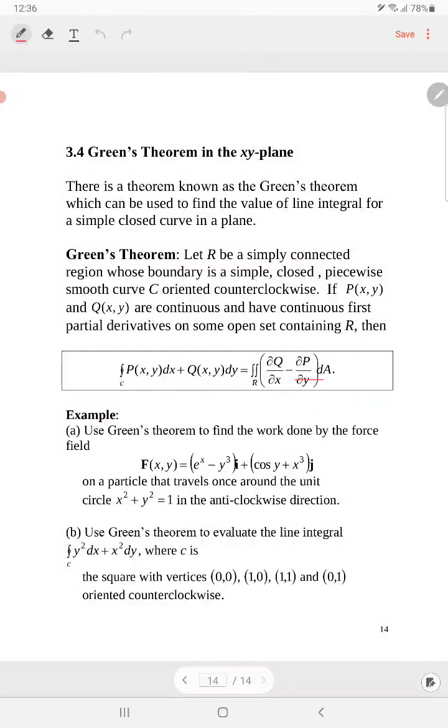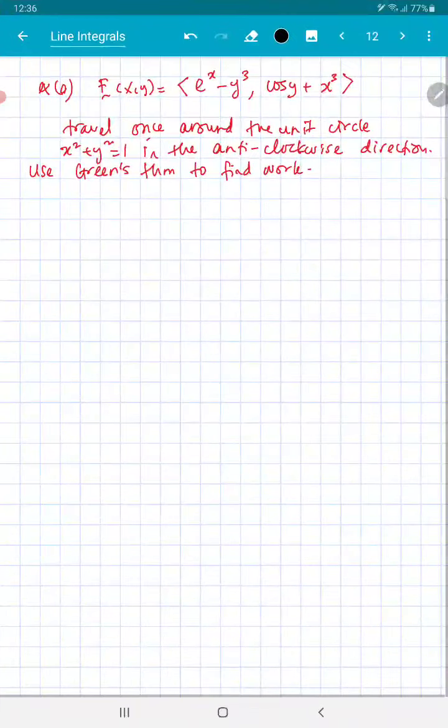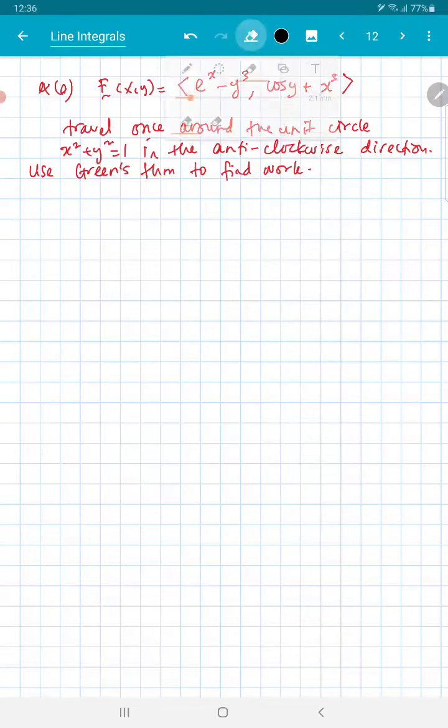So what we need to do is evaluate a double integral over region R, where region R is the region bounded by the closed curve, and the integrand is partial Q partial x minus partial P partial y. Okay, so here let's look at our region. Our curve C travels once around the circle x squared plus y squared equals 1.